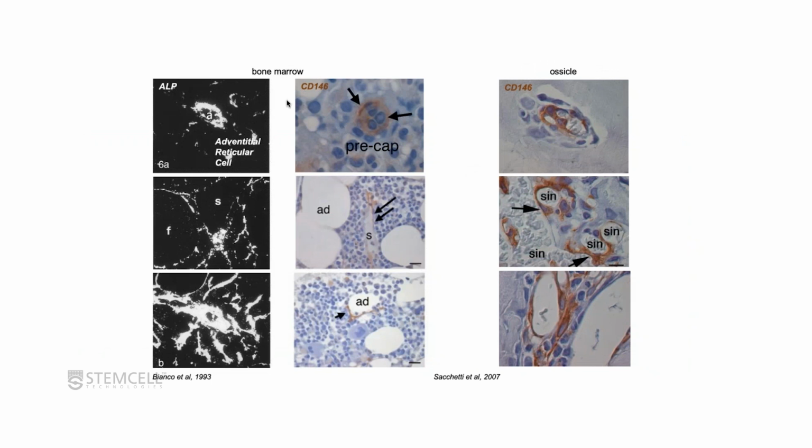In the human bone marrow in situ, colony-forming unit fibroblasts coincide with the so-called adventitial reticular cells.